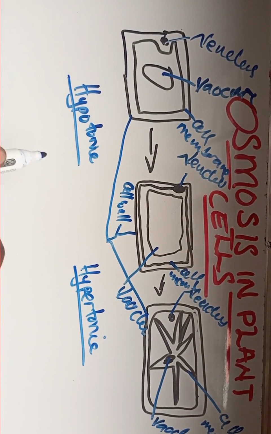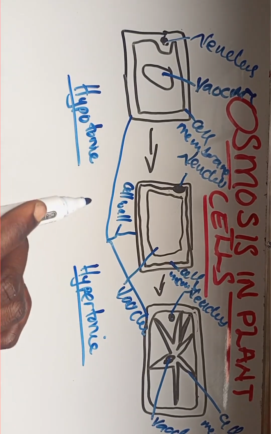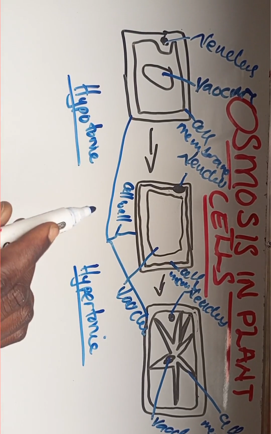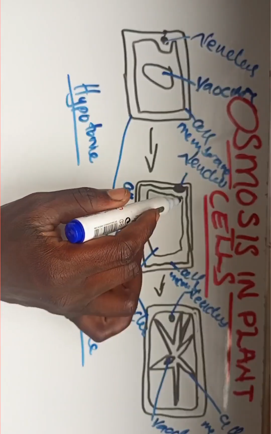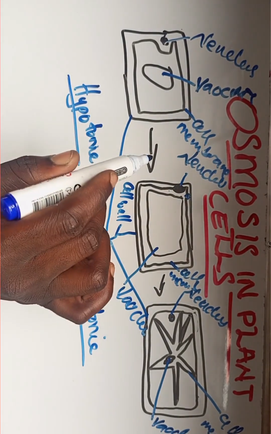Now for this one, the cell membrane will not burst, or the cell wall will not burst. The cell membrane would attach itself to the cell wall. The reason is simple.